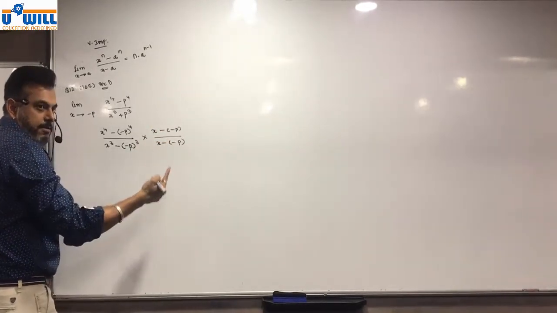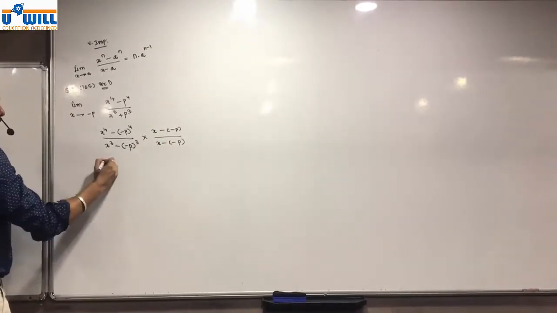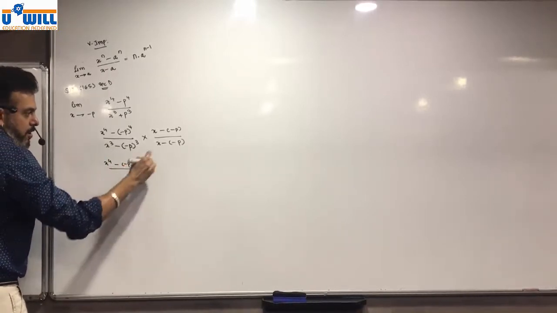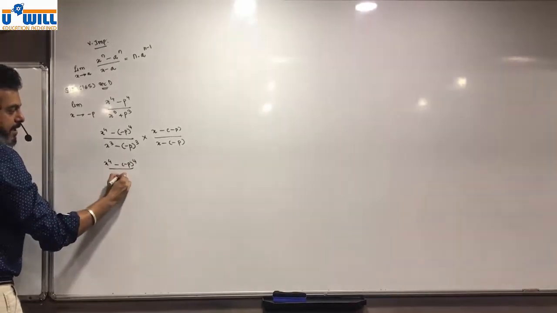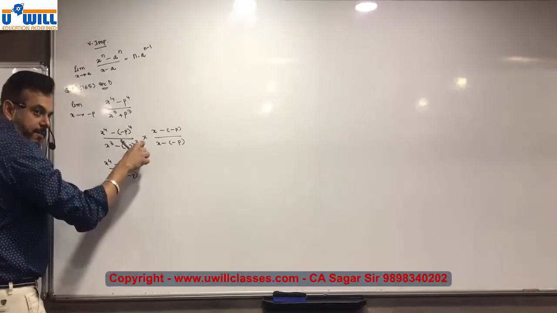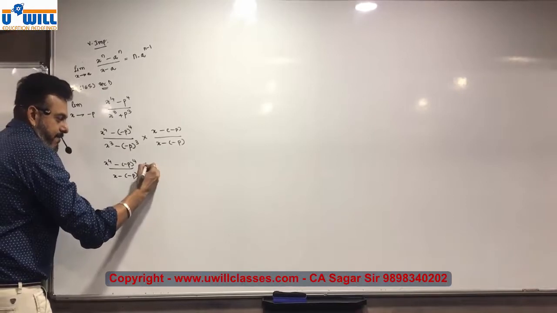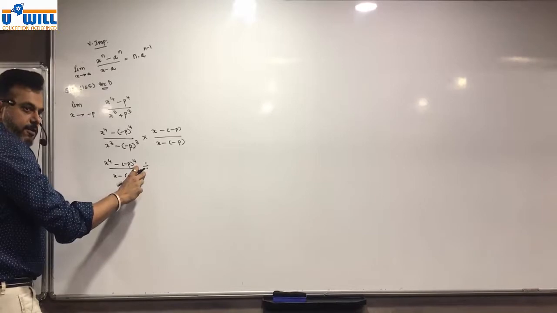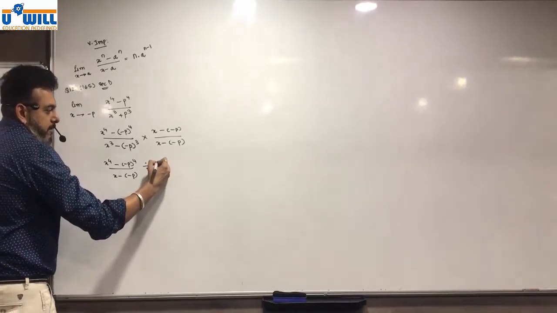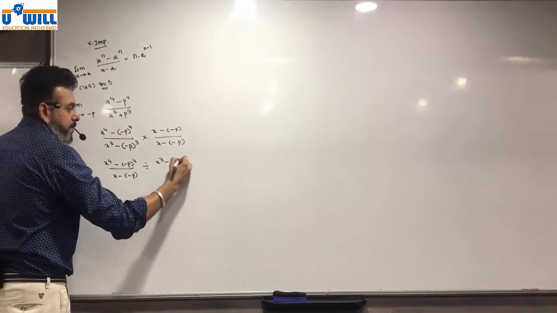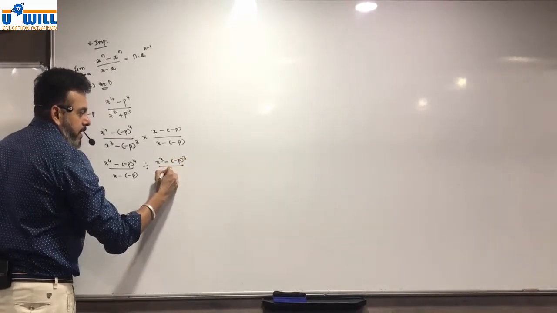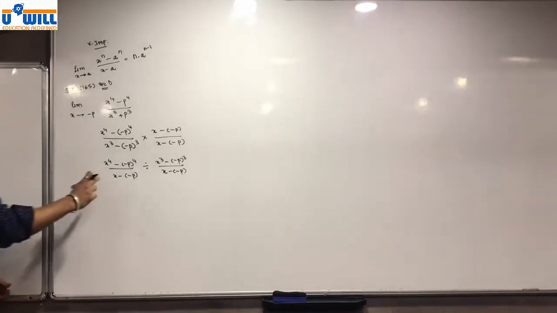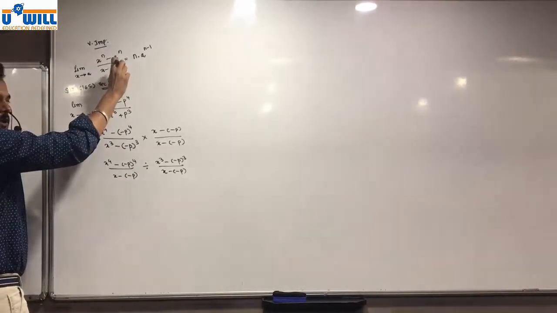Ultimately it will cancel. Now what we will do is x raised to 4 minus p raised to 4 upon x minus p, this multiply, I'll make it divide. Understood this? So divide what? X raised to 3 minus p raised to 3 upon x minus p. Now can I compare it with this formula?